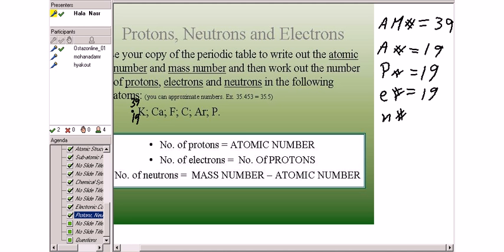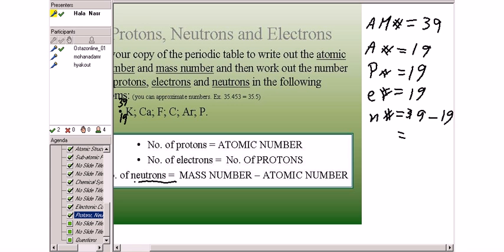It's also 19. Who can figure out the number of neutrons? Who remembers? How do we get the number of neutrons? It's written in here. It's so obvious. The number of neutrons is the mass number minus the atomic number. So it's merely 39 minus 19. So the number of neutrons is 20 neutrons.